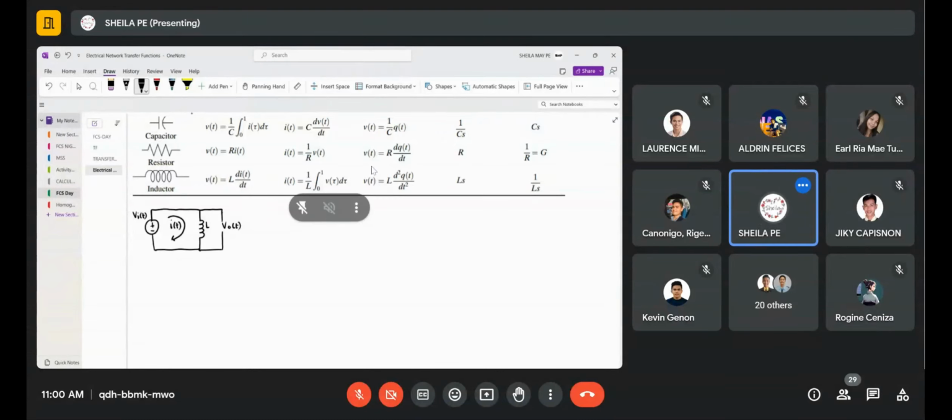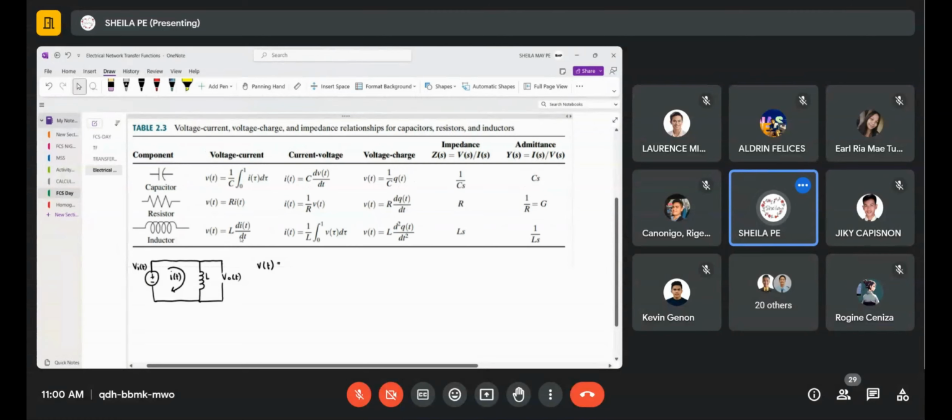Now, if we take the output across our L, so that's V of t equal to, what's our L? Yes, in terms of voltage, that's L di dt.